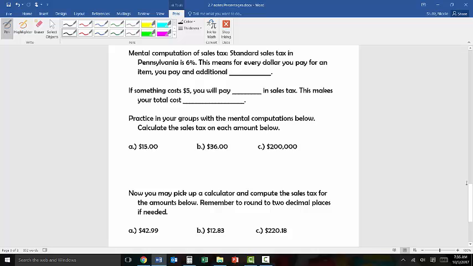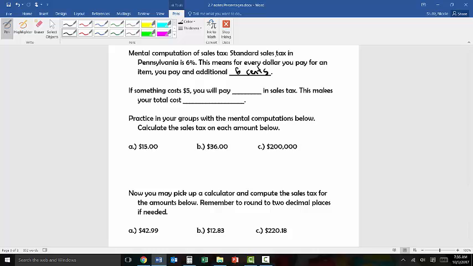Alright, so I do want to talk more about the sales tax thing because it is standard in Pennsylvania. So sales tax for us is 6%. So what that means in layman's terms is that for every dollar that you spend on something, you have to pay an additional 6 cents. So if you pay $10 for something, you have to pay 6 cents times every dollar.